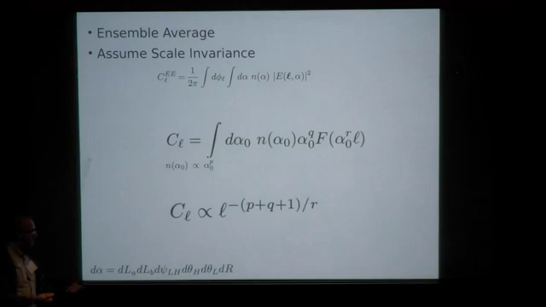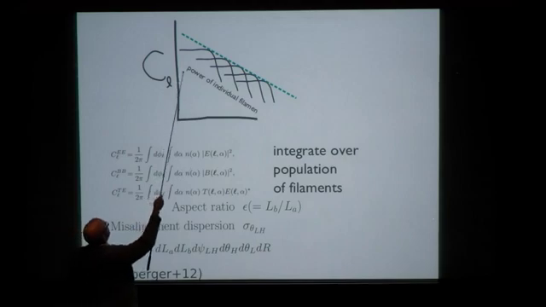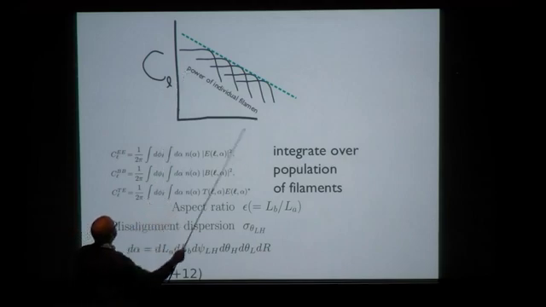So we're going to marginalize over everything other than the axis ratio between these two things and the dispersion in the angle between the filament and the magnetic field. So we can build up what our whole power spectrum looks like by doing an ensemble average of a bunch of these filaments, and that looks like this.